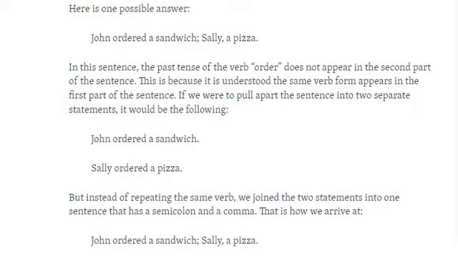John ordered a sandwich. Sally ordered a pizza. But instead of repeating the same verb, we joined the two statements into one sentence that has a semicolon and a comma. That is how we arrive at John ordered a sandwich; Sally a pizza.